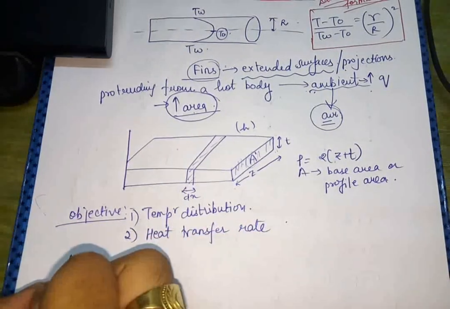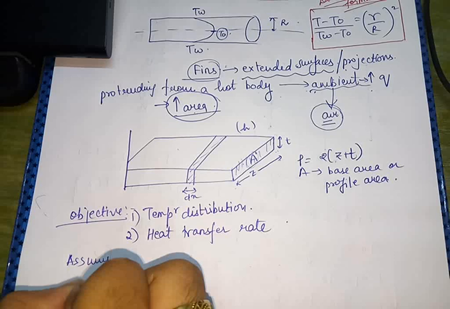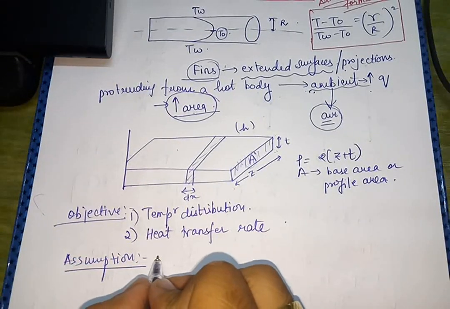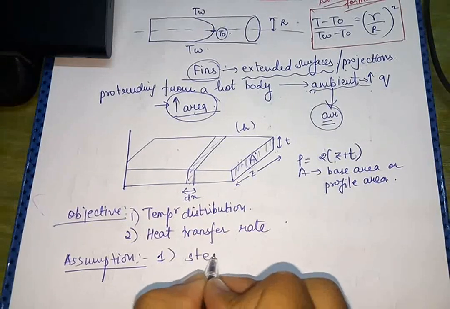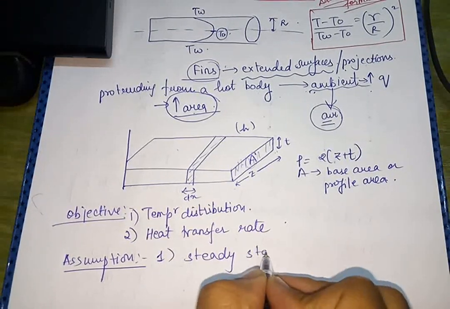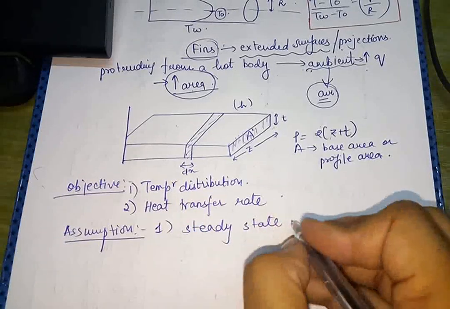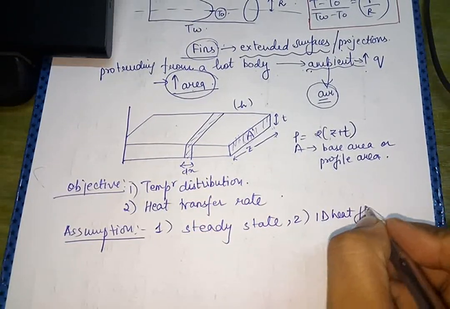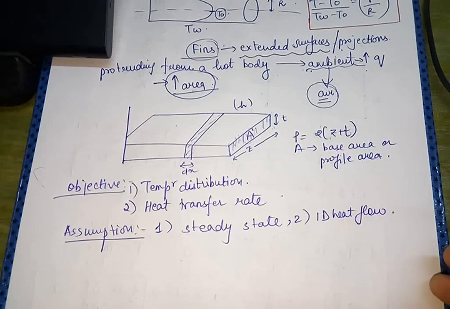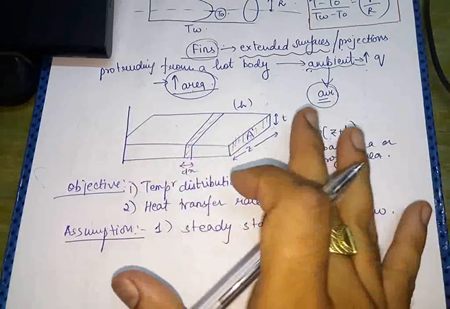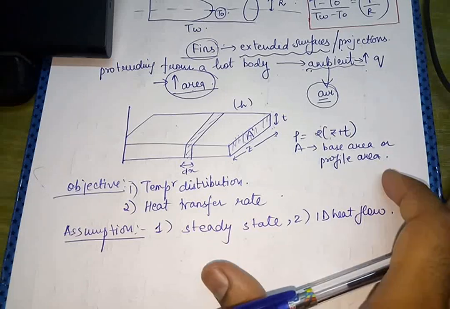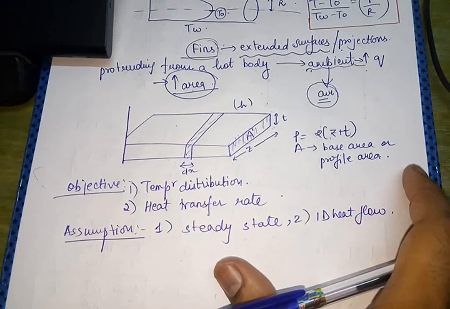And assumptions would be: first, steady state, and second is the very common assumption, that is one dimensional heat flow. Now I'm not deriving all those equations because those equations are not going to be asked in the form of derivation, but you need to remember the direct equation.